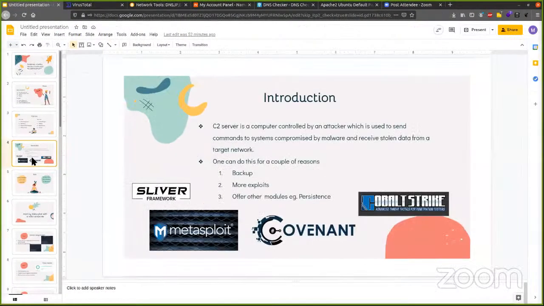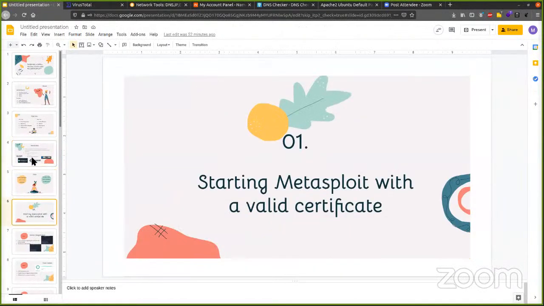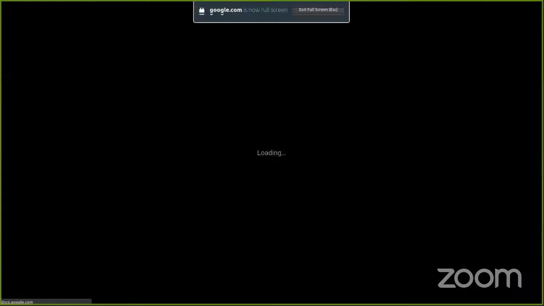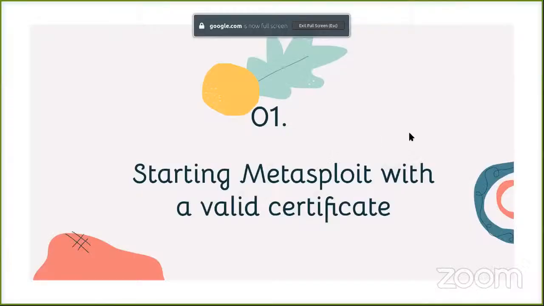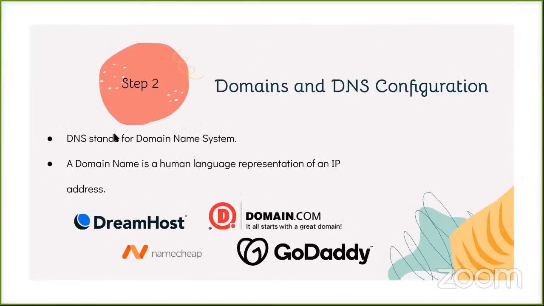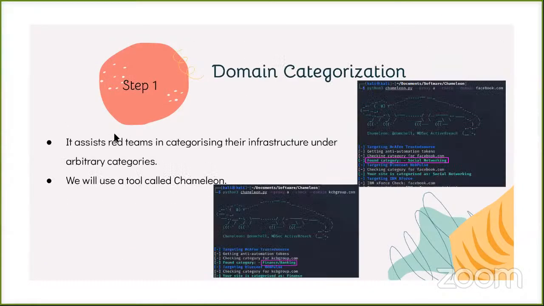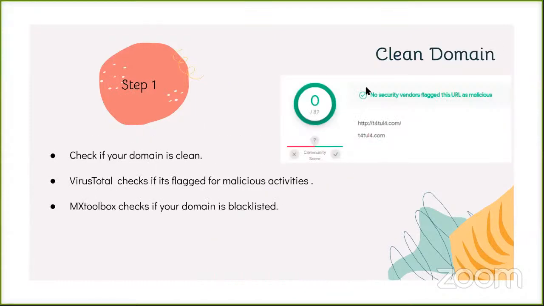So I guess we can move to the next step, which is checking if our domains are clean. This step happens for domains that are a bit old. One can buy new domains or one can buy old domains.